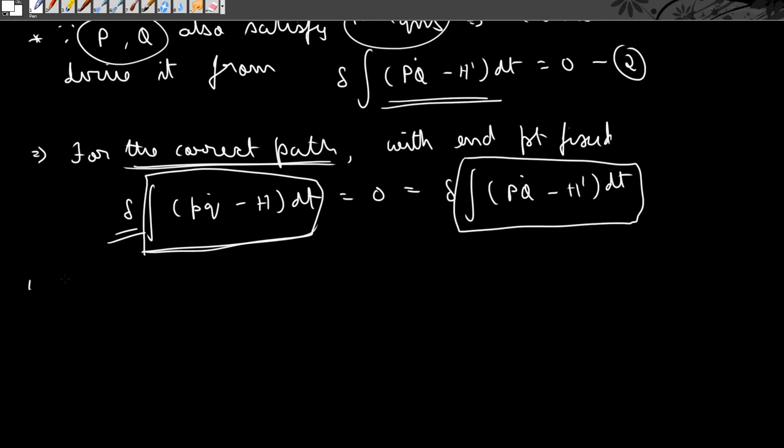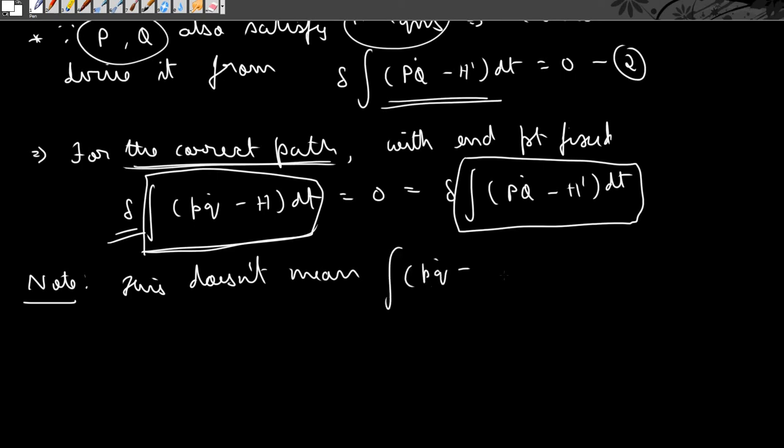So let us note that down. This doesn't mean that the integral of (p q dot minus H) dt is equal to the integral of (P Q dot minus H dash) dt.